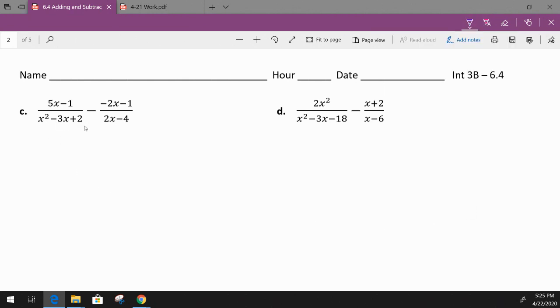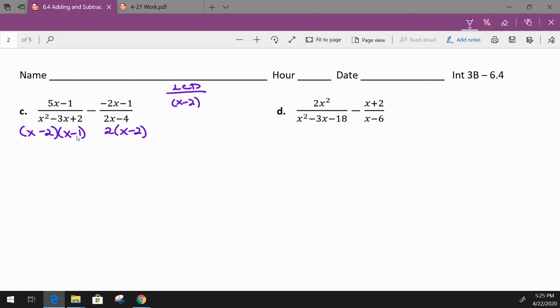Again, I would want to factor my denominators first. So if I look at this denominator, I can factor it into x minus 2 and x minus 1. My denominator in the second fraction, I can factor out a 2, which then leaves me with x minus 2 in parentheses. So when I'm creating my least common denominator, I have to have an x minus 2.